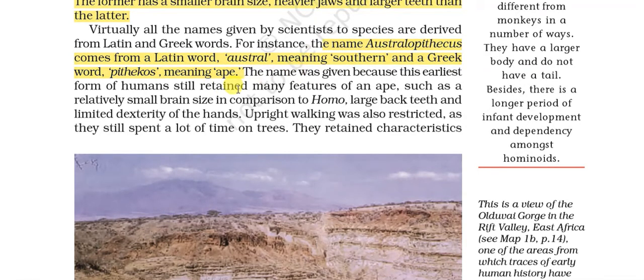Since they were found in the southern part of Africa and they looked more or less like ape, they were known as southern ape. The literal meaning of Australopithecus is southern ape, right? And this is again for a one marker that you have to remember that Australopithecus is a term that comes from the Latin word austral and the Greek word pithekos meaning southern ape. Okay.